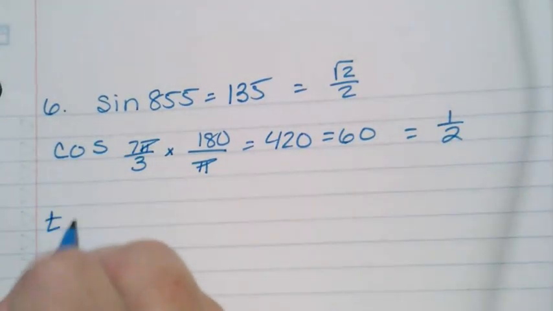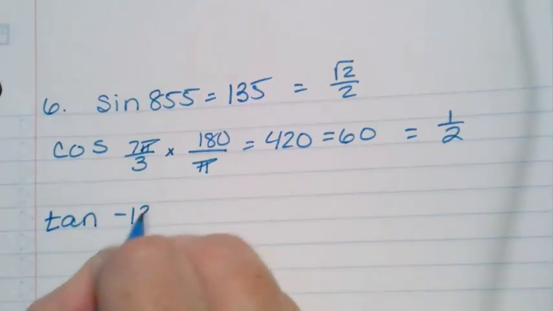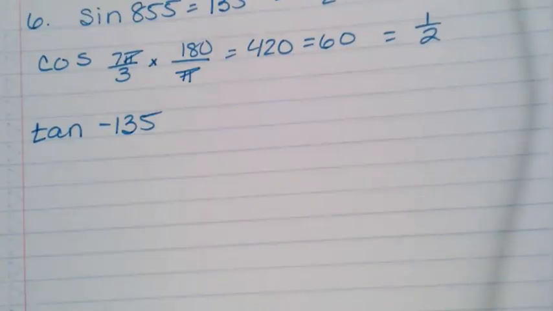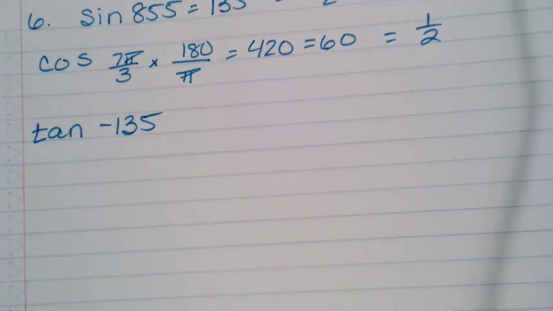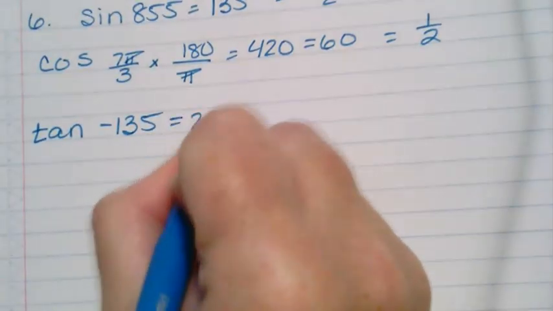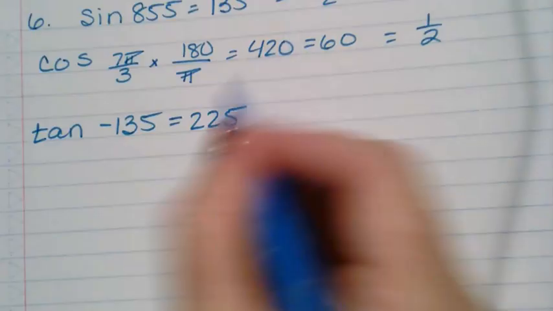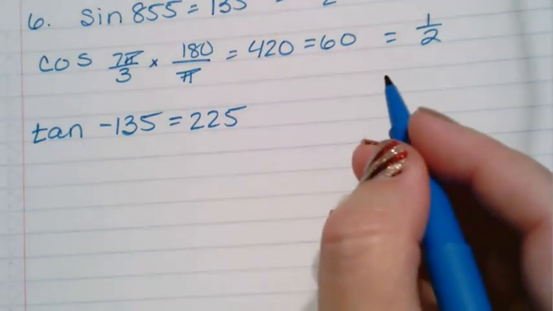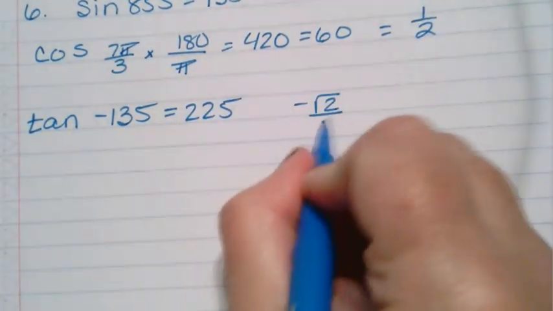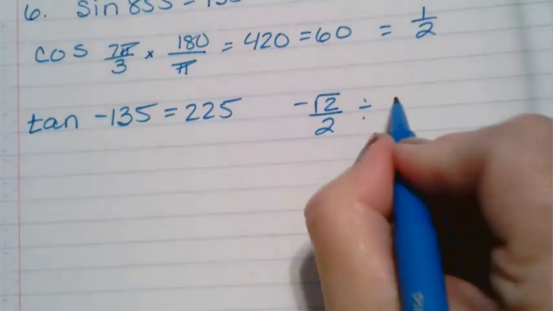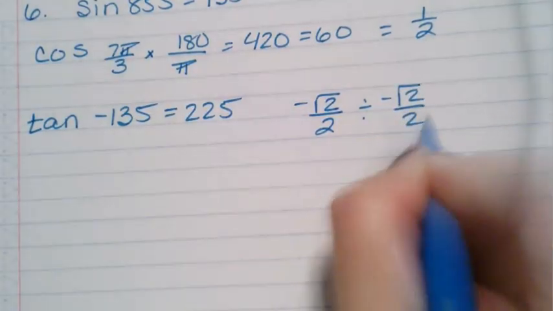Tangent of negative 135. Remember, here I have to add 360, and I get 225. And I like this one. So tangent is sine divided by cosine. So sine is negative square root 2 over 2 divided by cosine, negative square root 2 over 2.